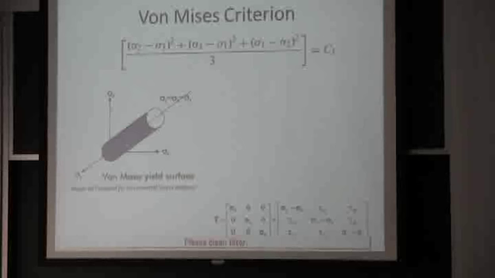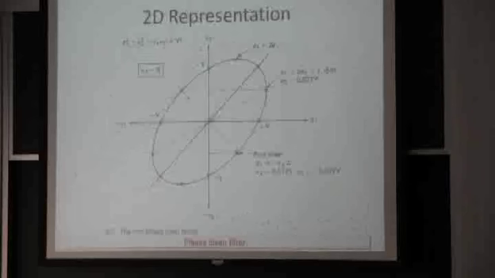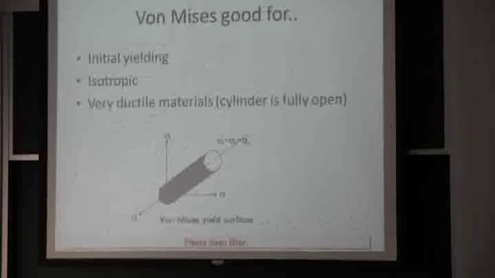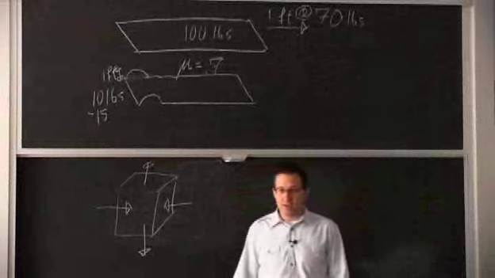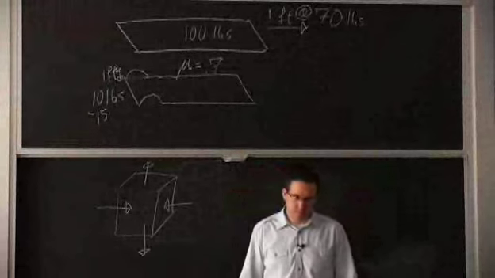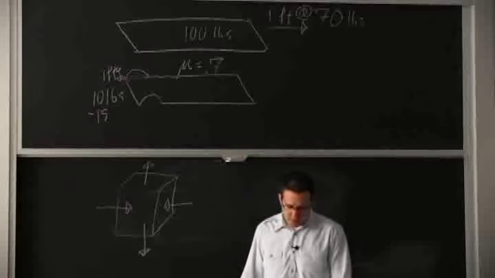So C1 will change depending on how you treat the material because of hardening. It takes the material as isotropic, which means if I run the tensile test in the horizontal direction here or in the vertical direction, I get the same stress-strain curve. And that's generally not the case. So there are limitations there.